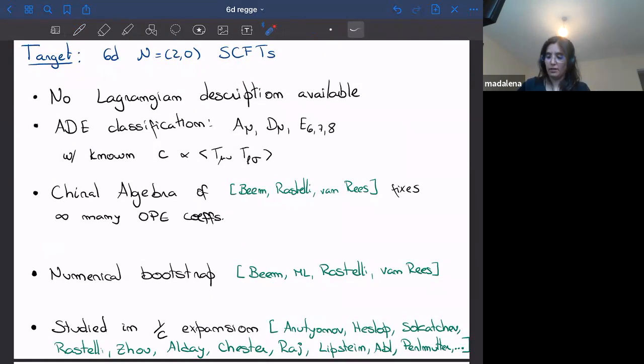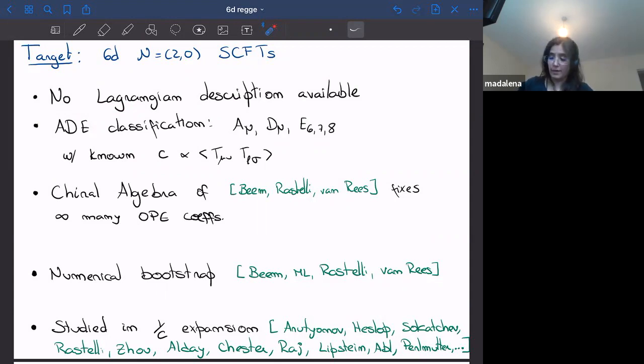So for people who care about the 6D N equals (2,0) series, we care about them because they play this prominent role. Many lower dimensional theories can be obtained from them, etc. And they are perfect candidates for using bootstrap approaches because we really have no other practical ways to describe them. They have no Lagrangian description.